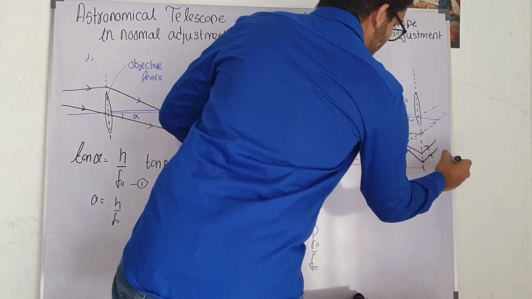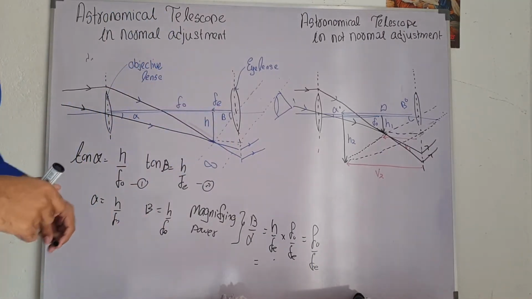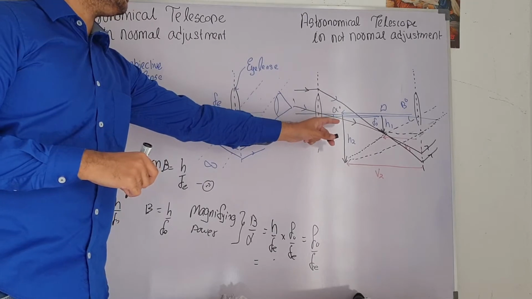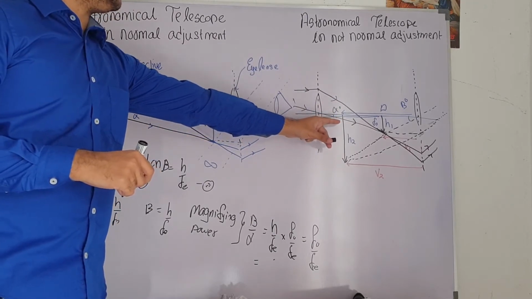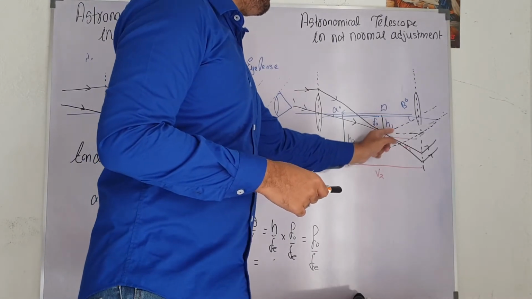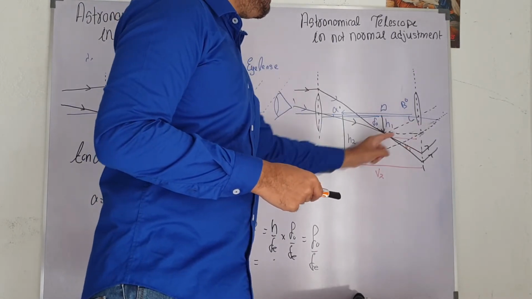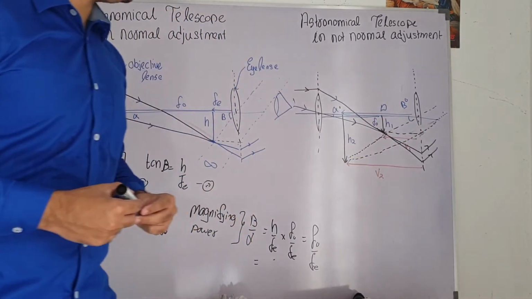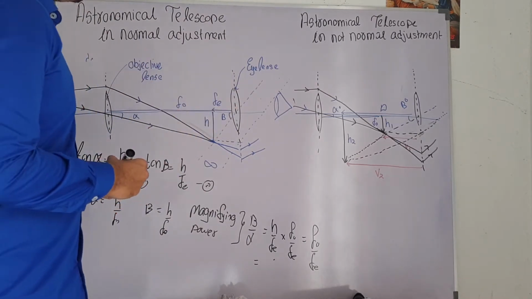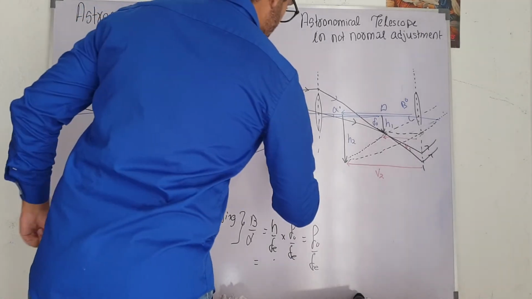Light rays travel through this point and cut the axis there, and they make the first image. When the first image is formed, using these imaginary lines we have also obtained the second image. So h1 and h2. Let's obtain the equation for that.